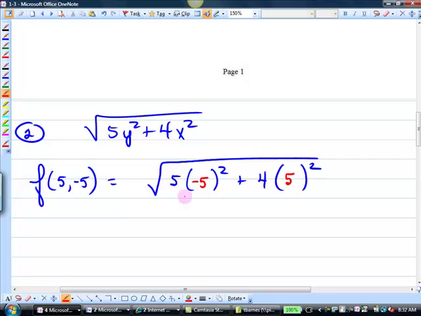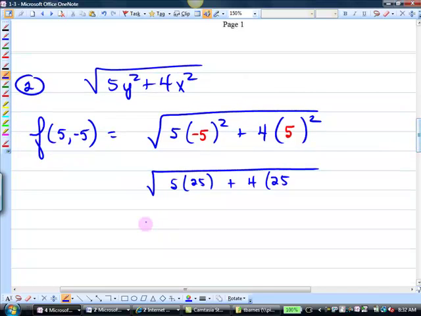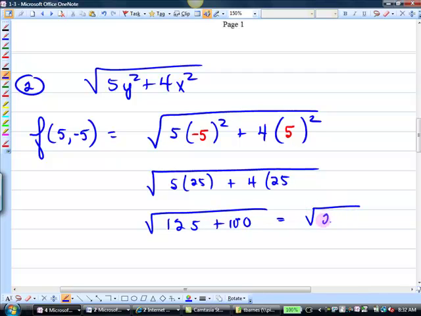Okay. All right, so does it matter when you're squaring whether it's going to be positive? Positive and negative are both going to end up positive. So we have 5 times 25 plus 4 times 25. And what's the square root of 225? 15.